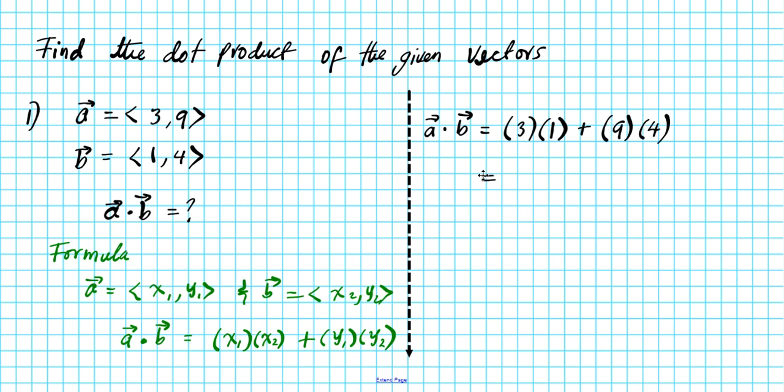Alright, so let's go ahead and multiply these following the order of operations. Multiply first before we add. 3 times 1 is 3, 9 times 4 is 36. So what is the sum of 36 and 3? 36 plus 3 is 39. So 39 is the dot product of vectors A and B, which is clearly a scalar quantity.